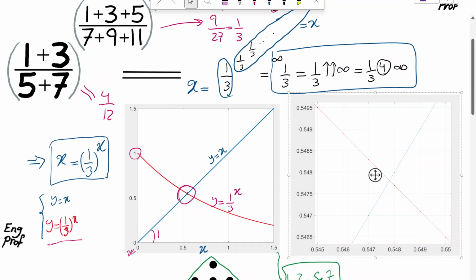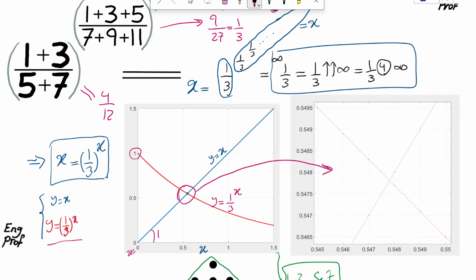This second plot is when we zoom in very much, so that now we can actually see the crossing point on the x-axis. We have this crossing point of the two curves very close to 0.48 and a little bit away from 0.47.